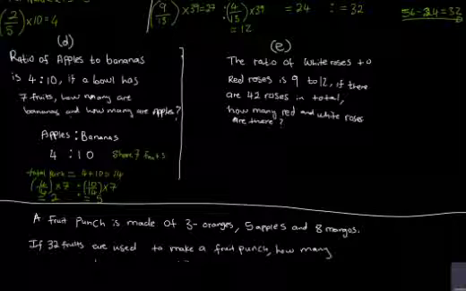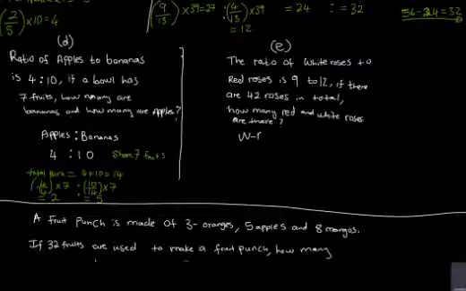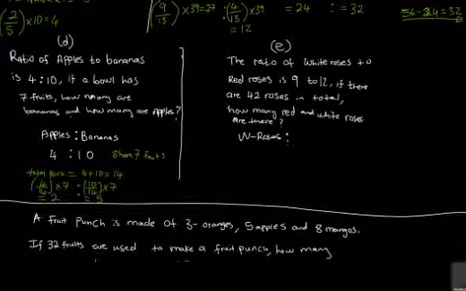Let me write for the white roses to red roses, the ratio is 9 to 12, and then the number being shared.